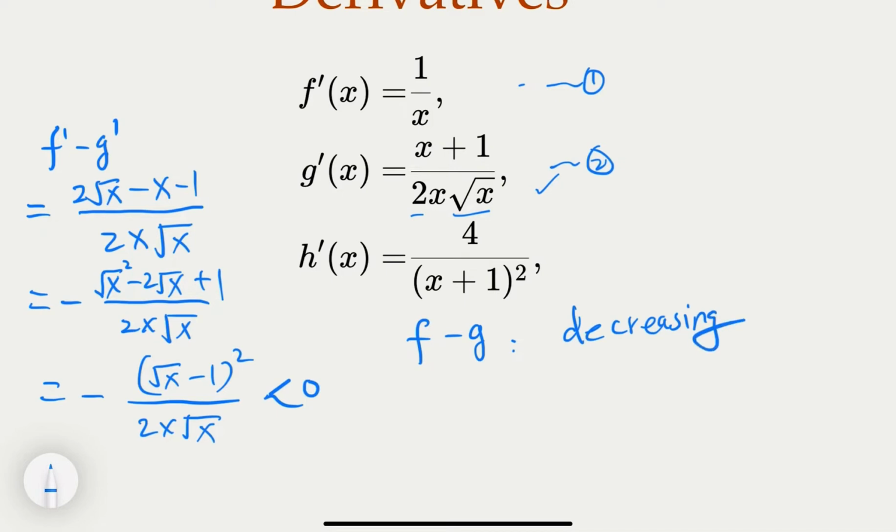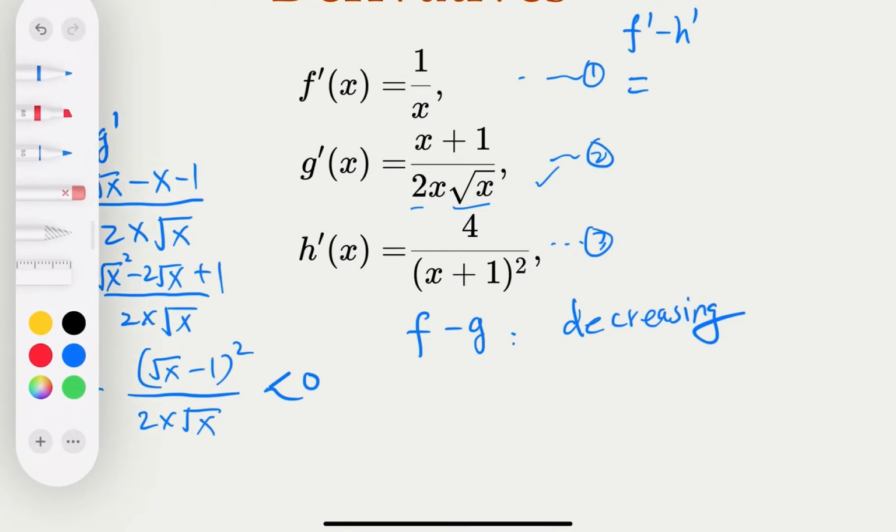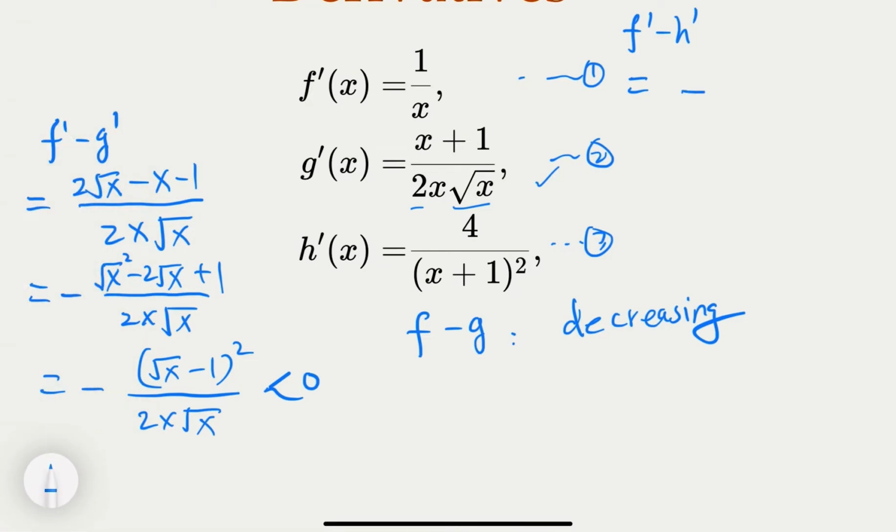Right? Now, similarly, we're going to examine what is f minus h. All right, let's do that. So let's write here, this is the third equation here, 1 minus 3, all right? So f minus h is 1 minus 3, and the common denominator is going to be x times (x plus 1) squared.